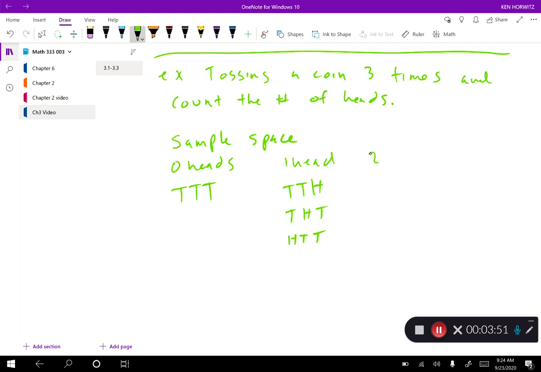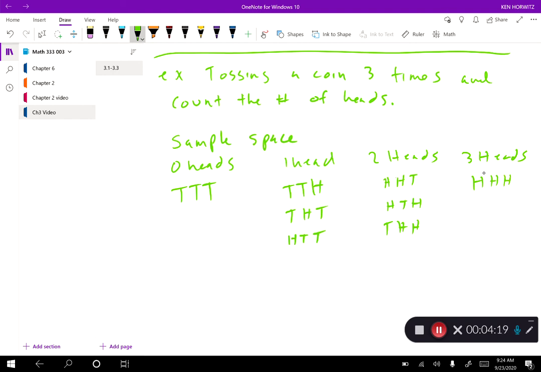Or I could say 2 heads would be head, head, tail, head, tail, head, and tail, head, head. So again, 3 options. Then I could have 3 heads. There's only 1 option, head, head, head.